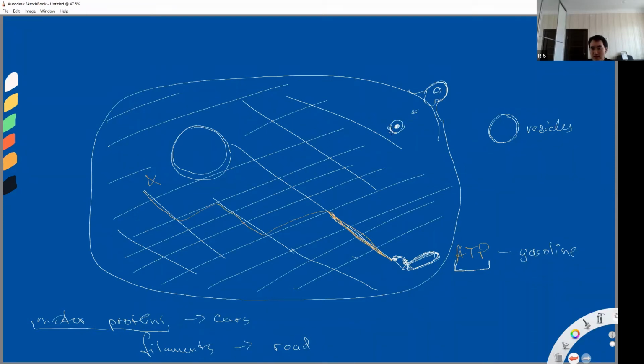And this vesicle is attached to the motor protein, and this motor protein starts moving along these filaments and gets to the destination place. Again, using ATP. Don't forget about the ATP. And I hope it was clear.